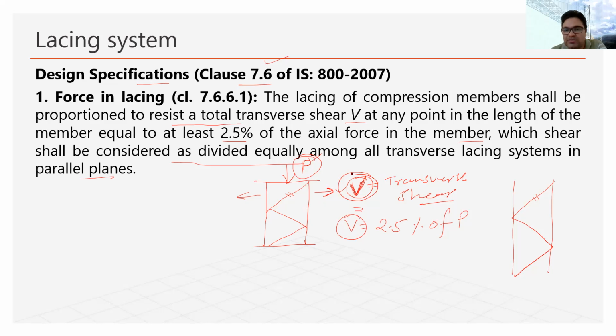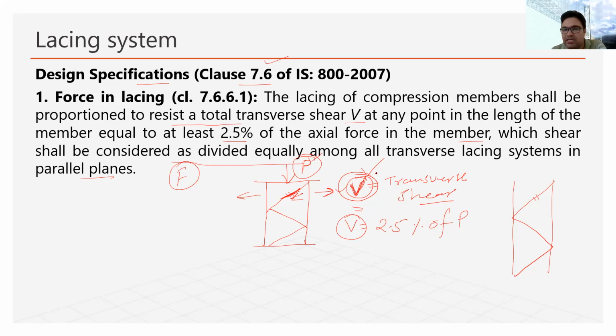Because of this transverse shear, the force in the lacing bar will be along the length of the lacing bar. You can see the lacing bar is inclined, so the force will be inclined also. We have to find out the value of that inclined force. I am writing that force as F. That F value is dependent on the value of phi. I will show you how.